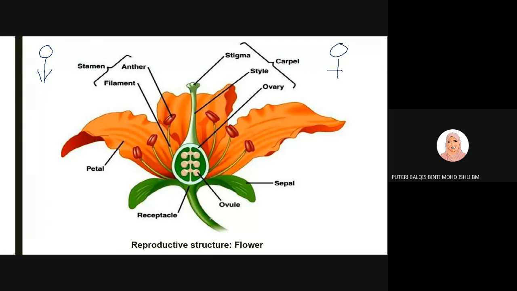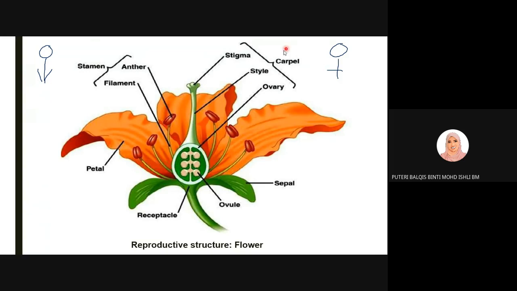Stamen can be divided into anther and filament. Anther is the one that will produce pollen grain. Filament is the one that holds the anther. So formation of pollen grain berlaku dekat dalam anther.